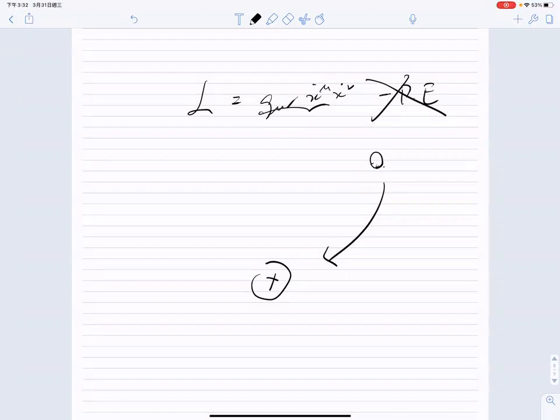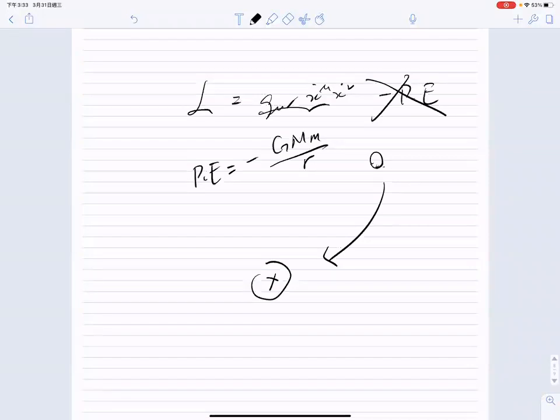So please forget what PE equals minus GMm over r is in this course. What is gravity? Gravity is not a force. It's the particle literally falling into the black hole.